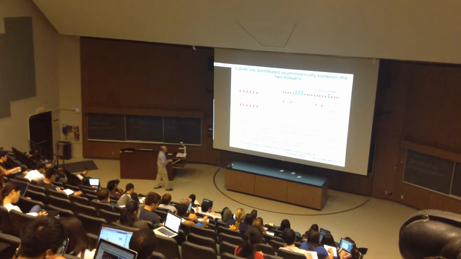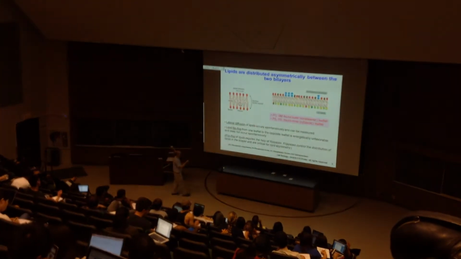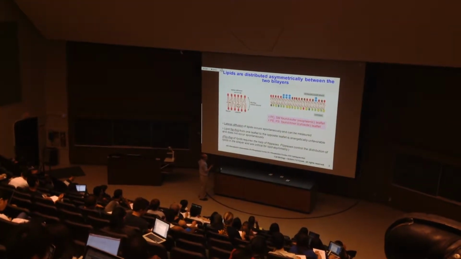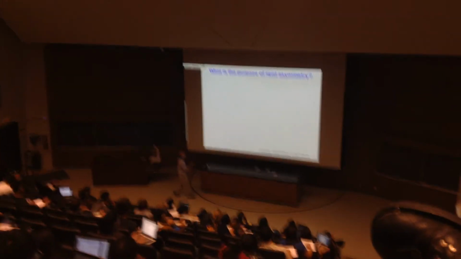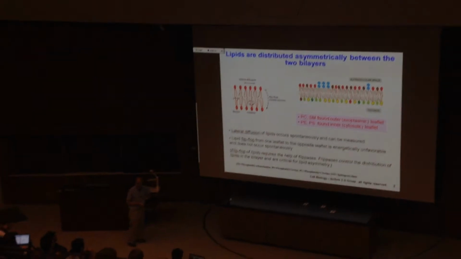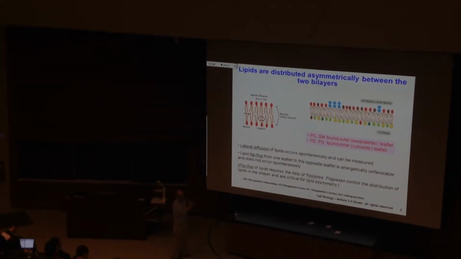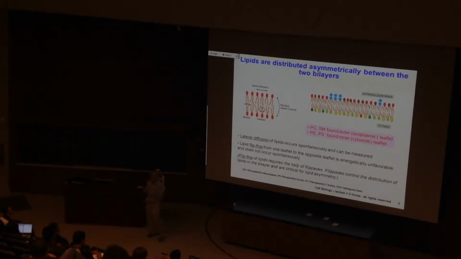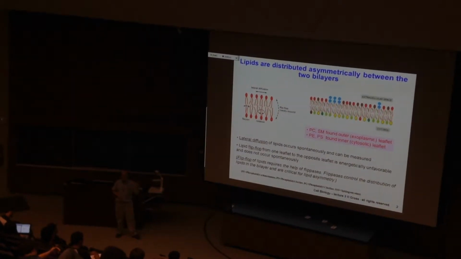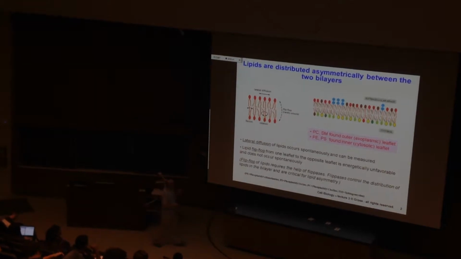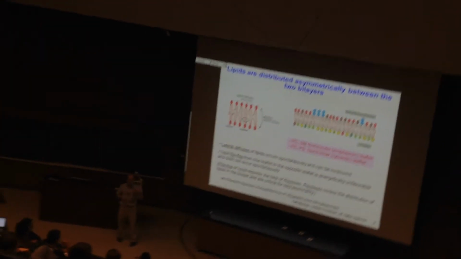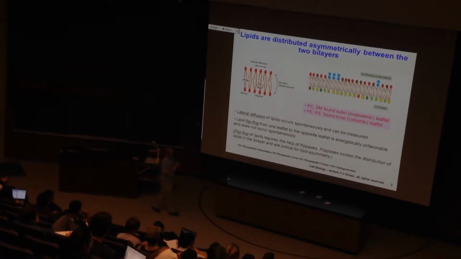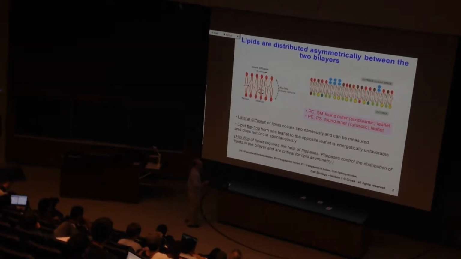And that's important because, for instance, PS can be used as a signal. So usually PE and PS are inside, but when the cell undergoes apoptosis, it commits suicide because something bad is going on inside of the cell, and it does that typically to protect all the other cells. So for instance, it's infected with a virus and it wants to kill itself before the virus spreads to other cells.